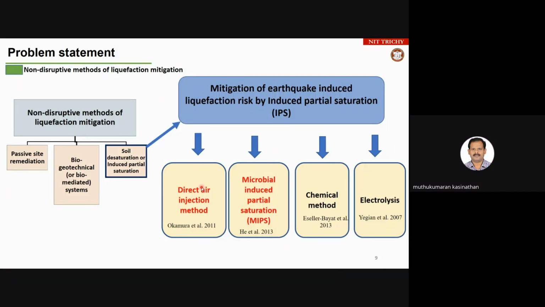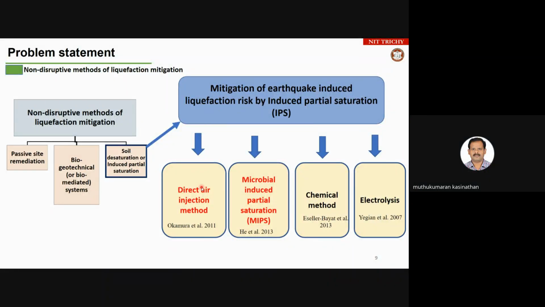To some extent, if you are able to reduce the degree of saturation, the level of water content in the soil mass, you reduce the developing pore pressure during the earthquake, and thereby the development of pore pressure is reduced and the chance of liquefaction is reduced. So this is a simple concept overall.